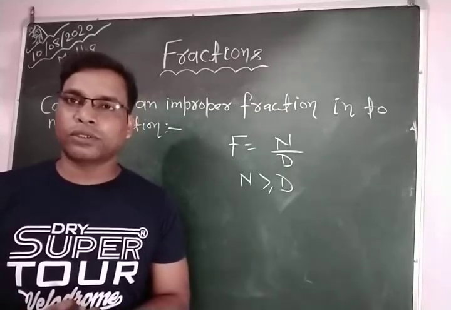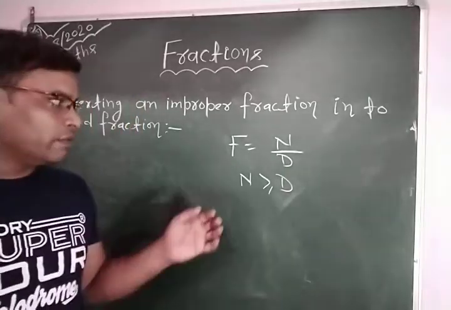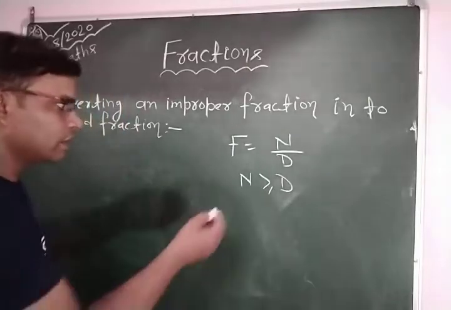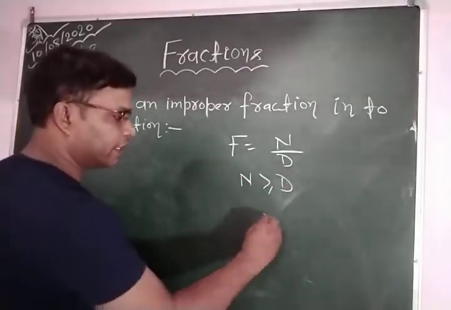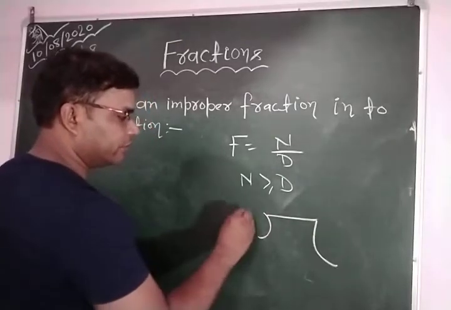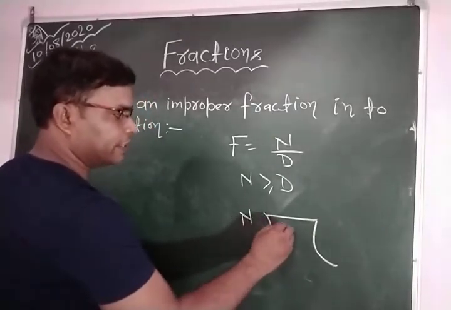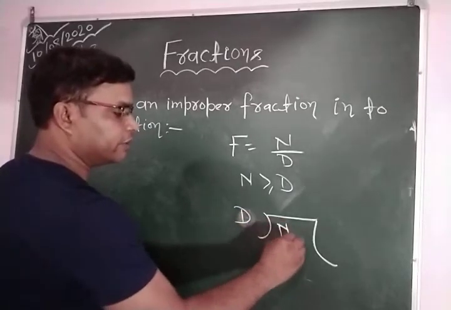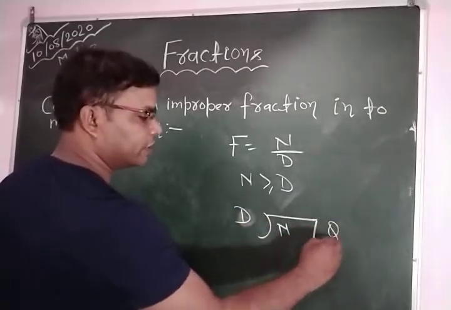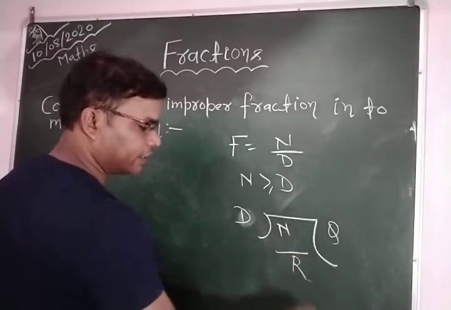So when we divide the numerator by the denominator, we obtain here quotient and here remainder.